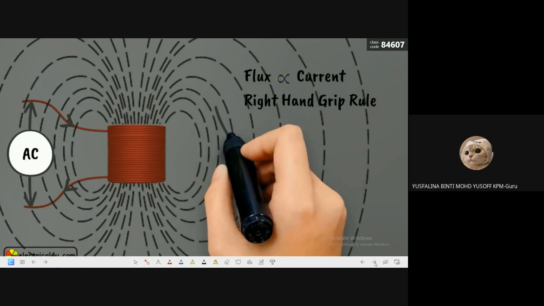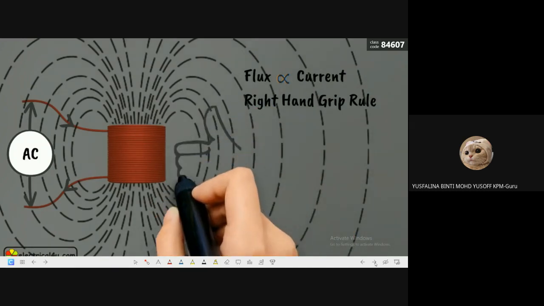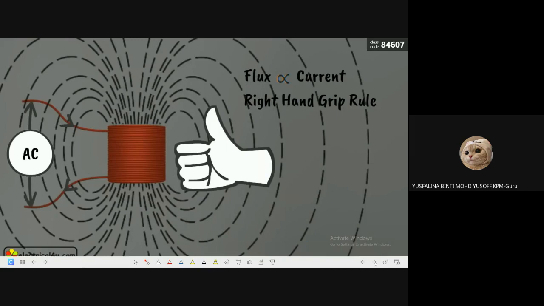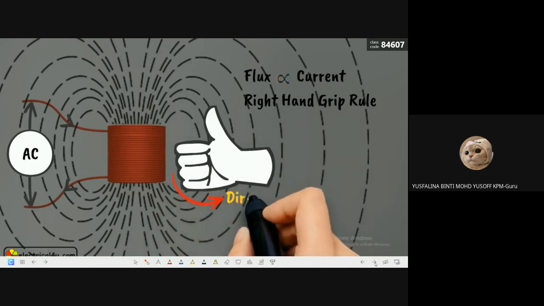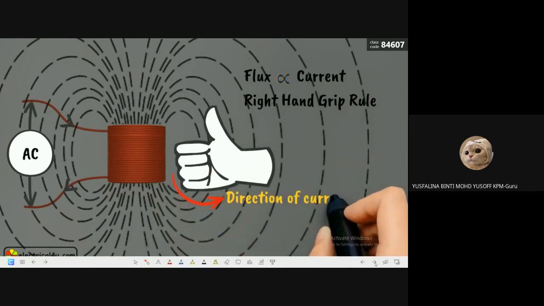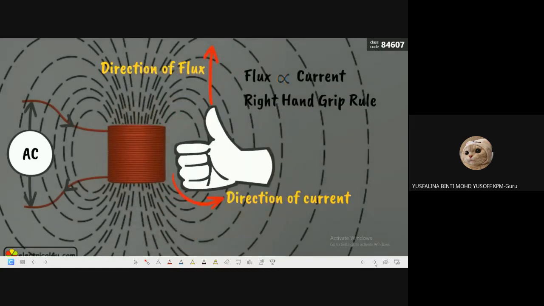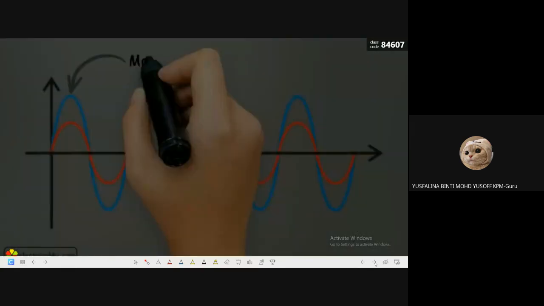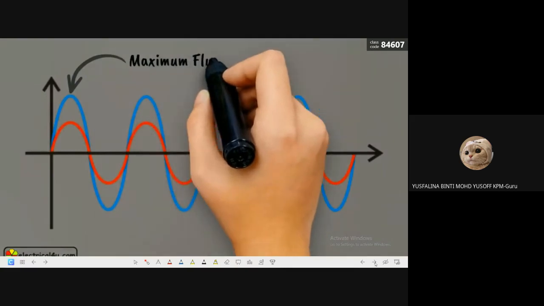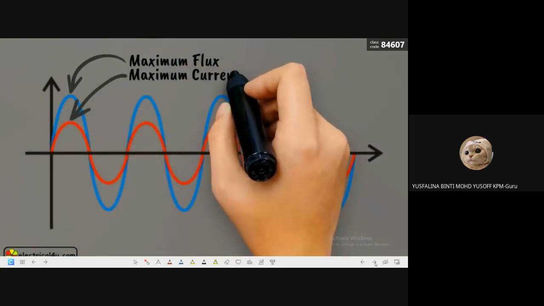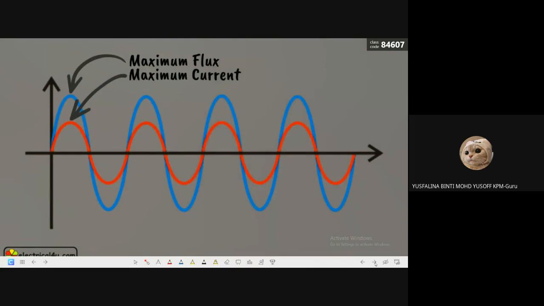This rule states that when we grip our right hand with the thumb stretched along the axis of the coil or winding and the forefingers along the direction of current in the coil, then the thumb indicates the direction of produced flux inside the coil along the axis. This flux becomes maximum in magnitude when current reaches its maxima for half cycle of the alternating current wave.